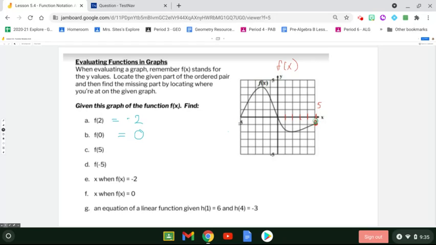I'm going to draw the line and see where that hits on my y-axis at f of 5. Looks like that hits at -1 on the y-axis. So f of 5 would equal negative 1. Okay, let's keep going.